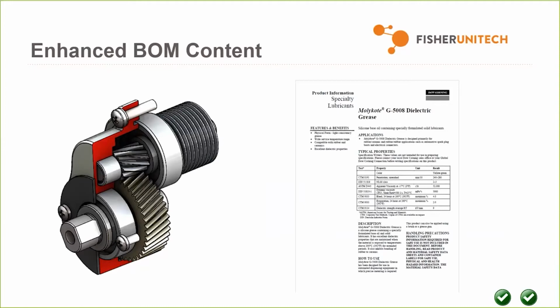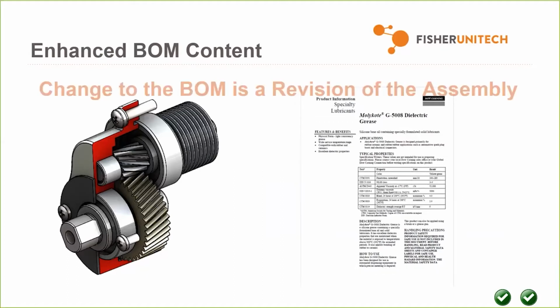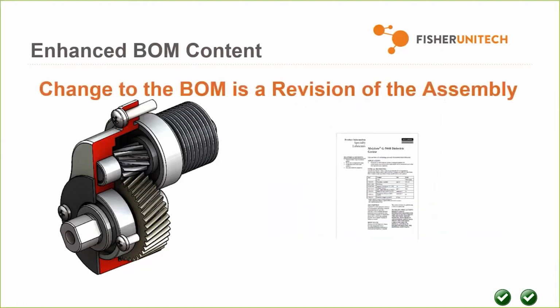So that is in my vault. The assembly is in my vault. Now, what I'm actually doing is changing the bill of material for an assembly, so I'm actually revising the assembly. The technique I'm about to use here does require that the assembly be able to be checked out. So I'm going to make a revision to an assembly.